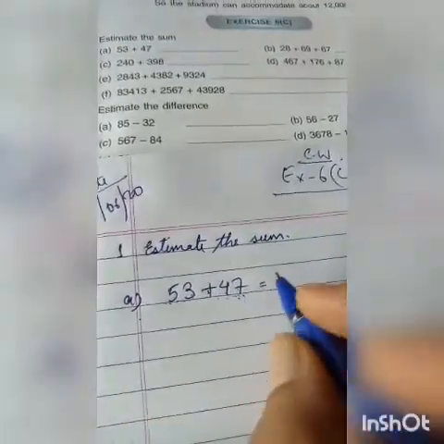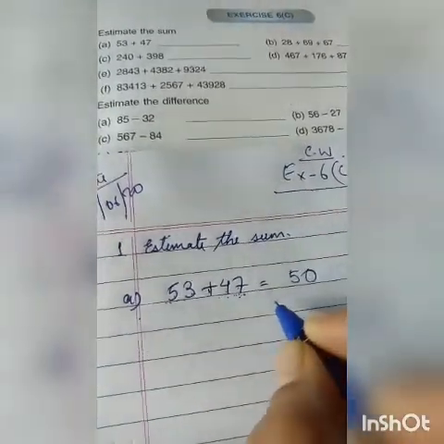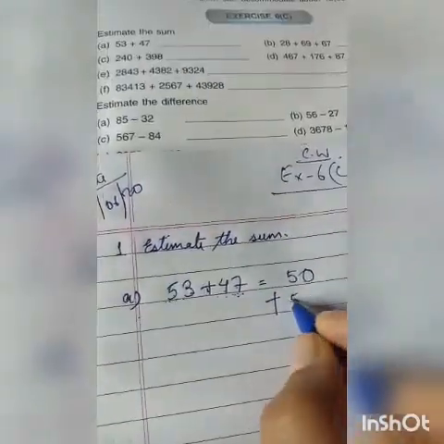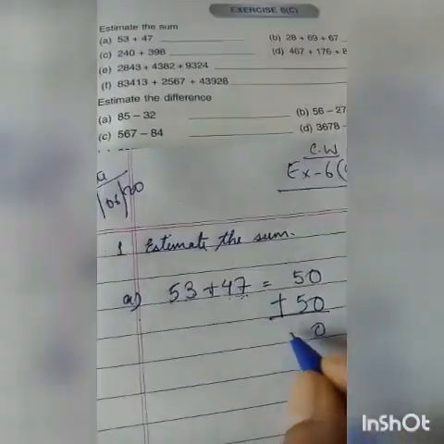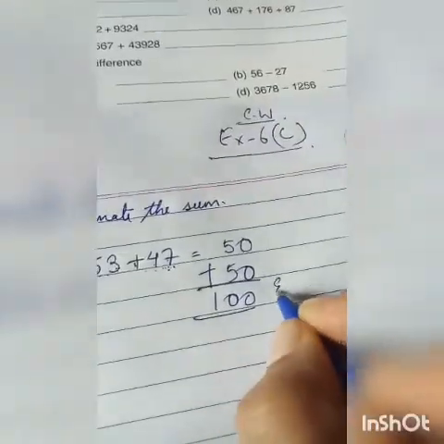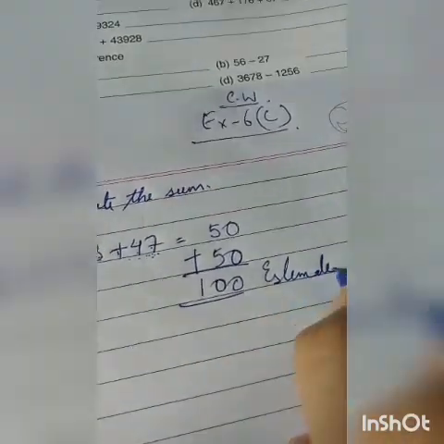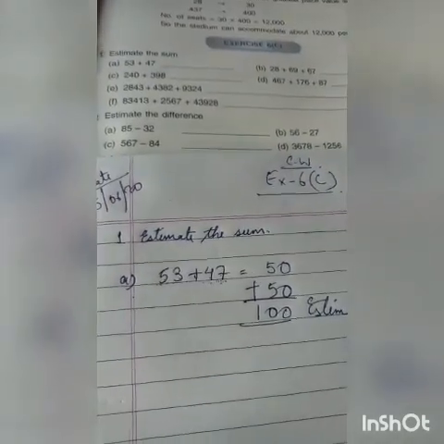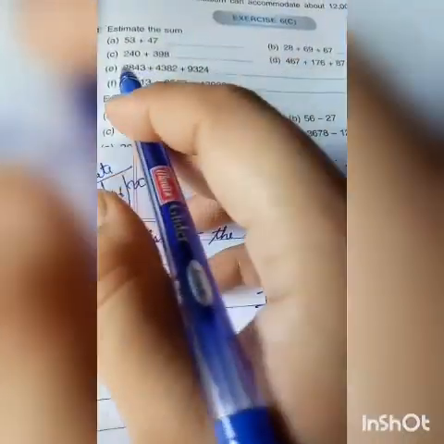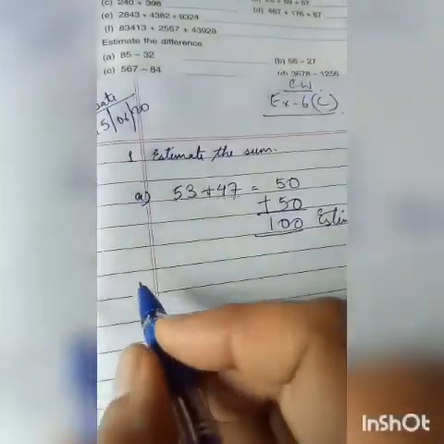So we'll round off this 53 to 50. Now 47 to 50, because 47 is more than 45. Now this will be our estimated sum. Clear?